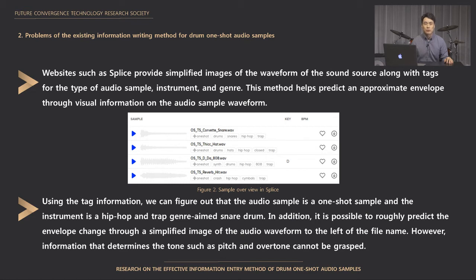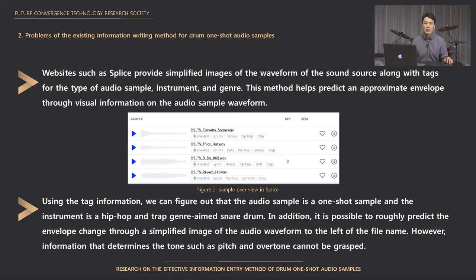It is difficult to determine what kind of acoustic characteristics the audio sample has from just the file name, OSTS Corvette snare. However, using the one-shot, drums, snare, hip-hop, trap tag information, we can figure out that the audio sample is a one-shot sample and the instrument is a snare drum aimed at the hip-hop and trap genres.